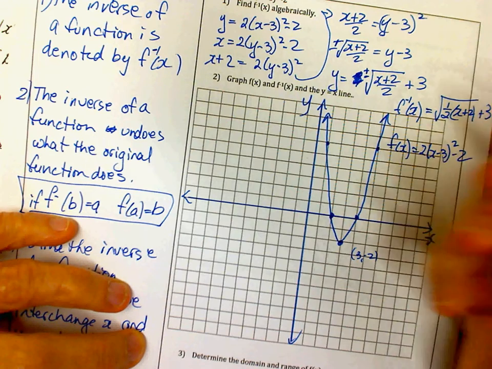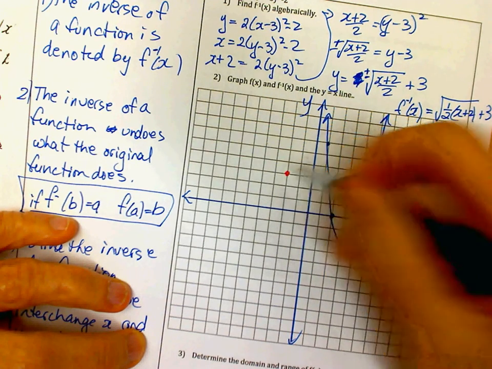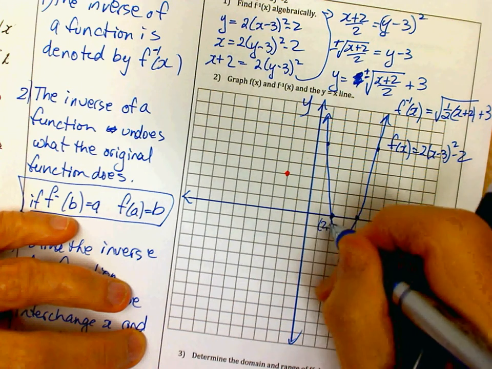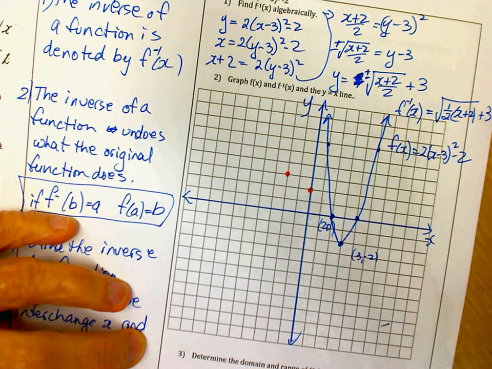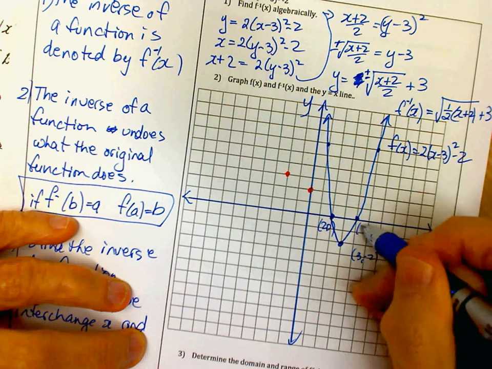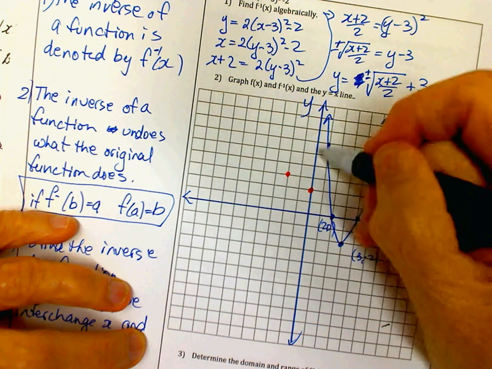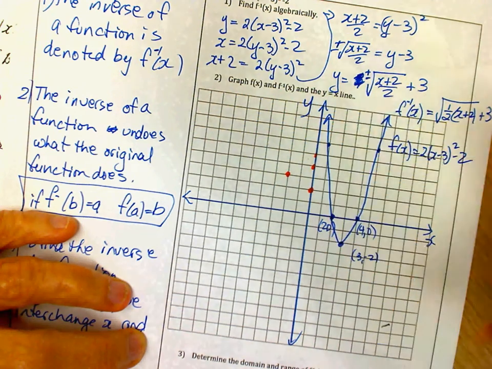Now this point is 2, 0, and the inverse of that happens at 0, 2. This point is 4, 0, and the inverse of that happens at 0, 4. Notice I'm just interchanging. Sorry, that should be there. Ignore that point there. I'll try to white it out without making too much of a mess.